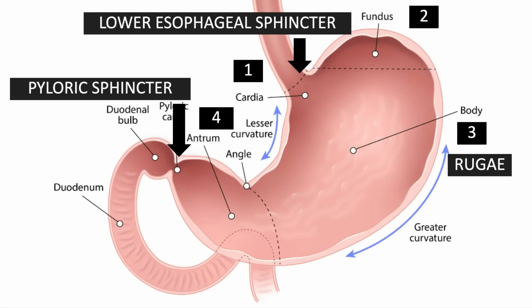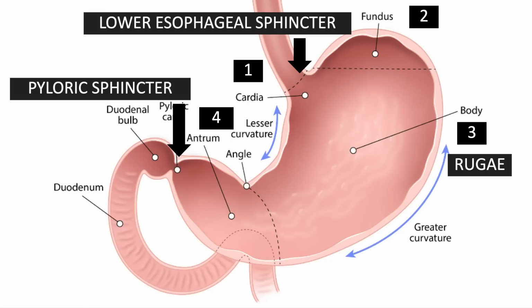So let's talk about the functions of the stomach. As I mentioned, digestion is one of the main functions of the stomach. There are two types of digestion that the stomach does. One is mechanical digestion. Swallowed food is mixed and churned by the muscle layers contracting in their different directions, as I've outlined.